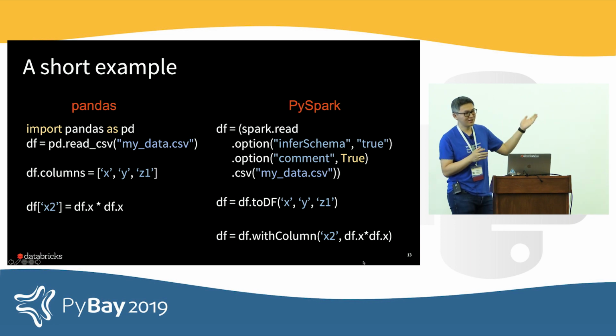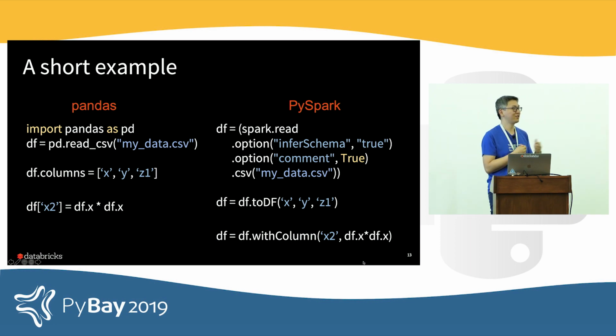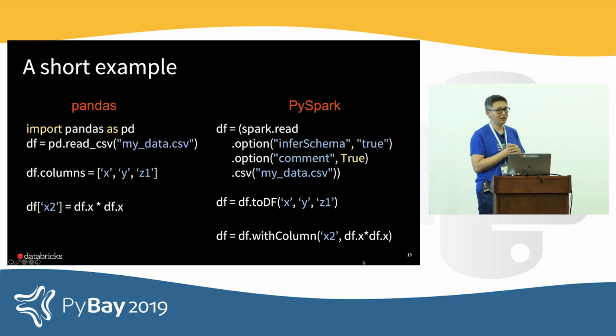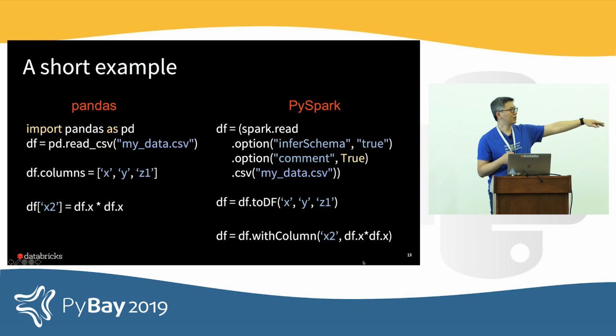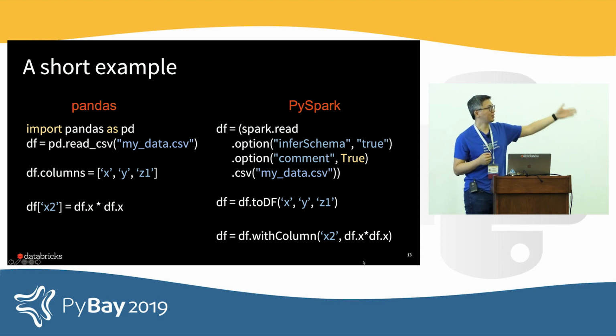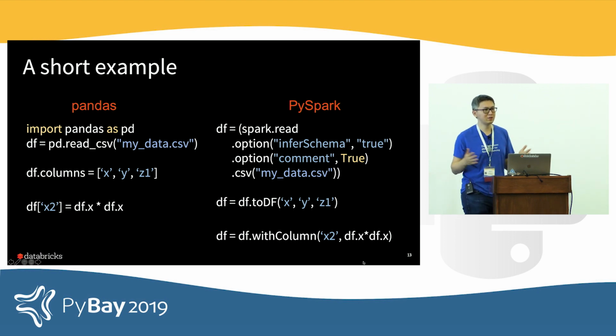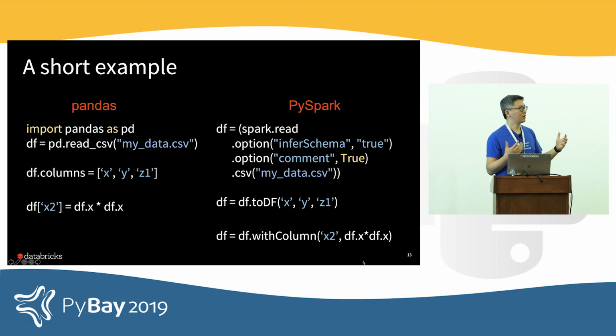So let's give another very simple example. First, you want to read the CSV files, and then set some column names, and then create a new column x2 using the existing column x. It's very simple, right? But on the PySpark side, you first need to create a Spark session and read this CSV file and set some options.